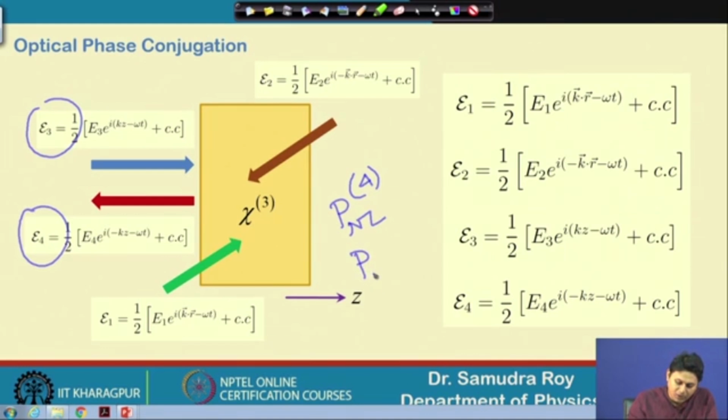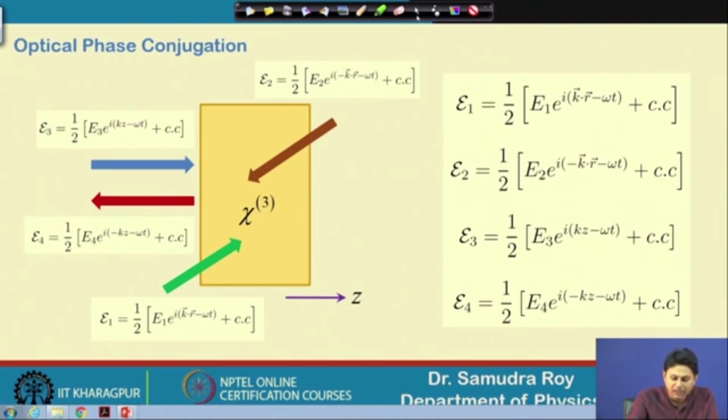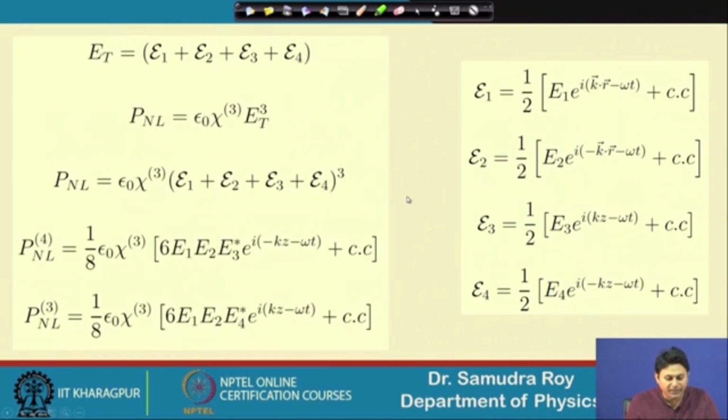So, P nonlinear of 3 we need to find out. These two nonlinear polarization terms are basically the source terms of E3 and E4. That is why our first aim is to find out the nonlinear polarization for E3 and E4, and here we find that E1, E2, E3, E4 is there.